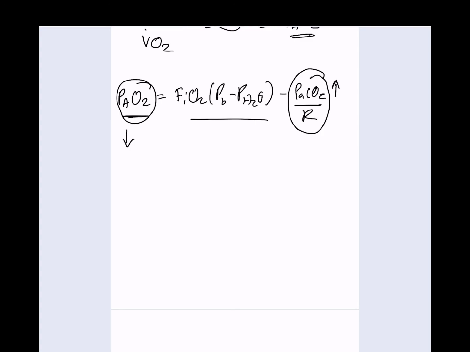If you think about it, if you're not ventilating enough, then the amount of carbon dioxide that accumulates in your alveoli is going to be high. So the partial pressure of alveolar carbon dioxide is going to increase. Also, remember, you're not replenishing your alveolar oxygen by ventilation. So your alveolar partial pressure of oxygen is going to drop. I hope that kind of all makes sense.